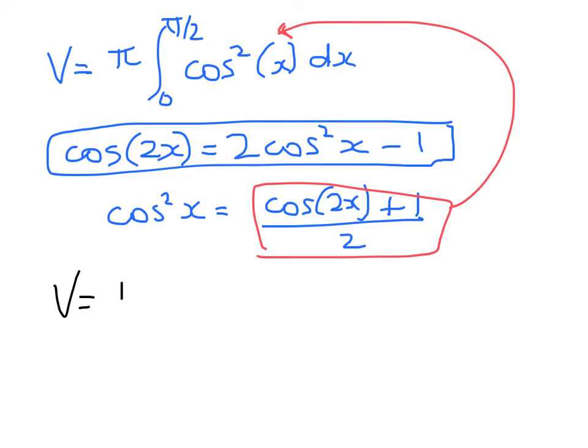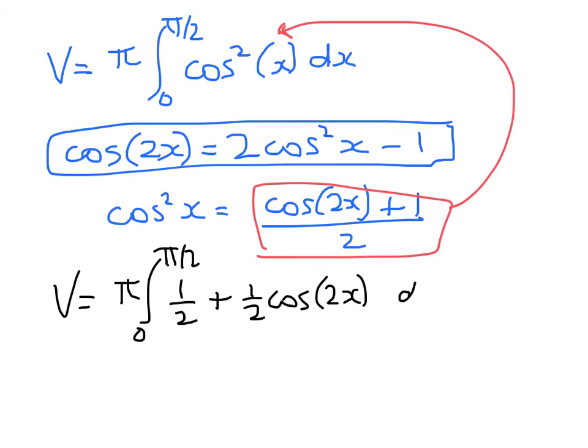So we get V is equal to pi times the integral between pi on 2 and 0 of 1/2 plus 1/2 cos of 2x dx. So you have to say this is a lot easier than excellence questions we've encountered in differentiation. Well, I think so anyway.